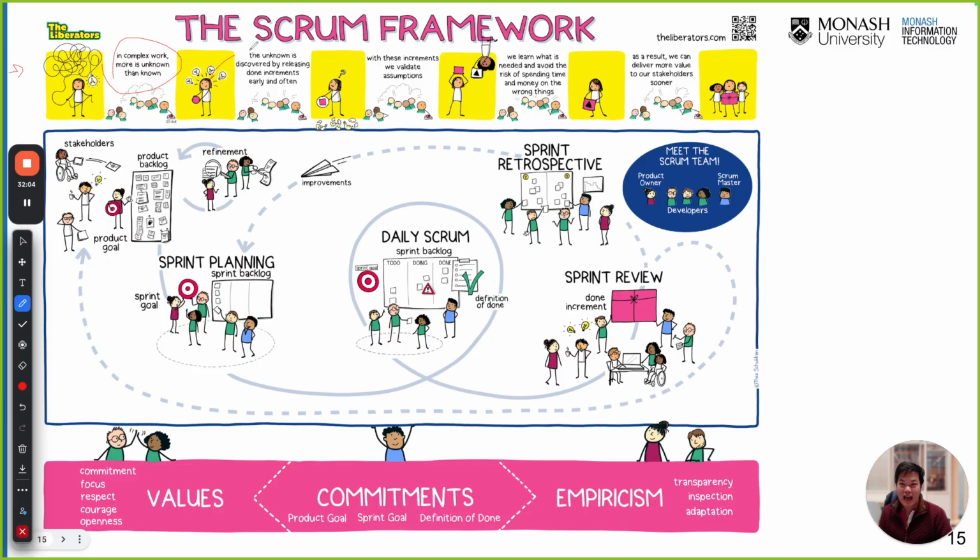And the unknown is discovered by releasing done increments early and often. So when you start doing something, then you get to know more of the unknown, okay? During the increments, that's how you try to discover the unknown as early as possible. And with each increment, we want to validate our assumptions, right?